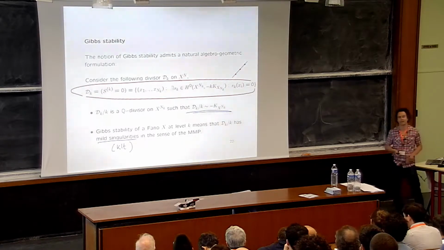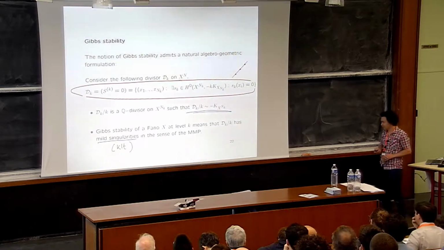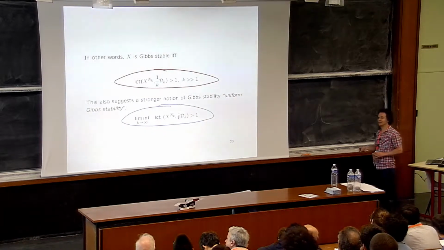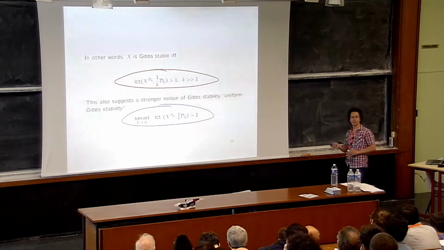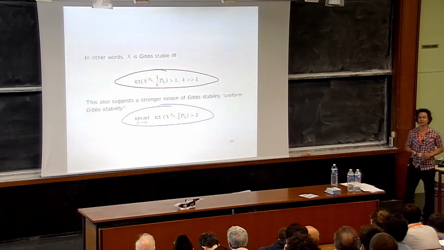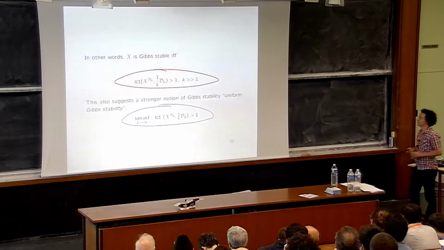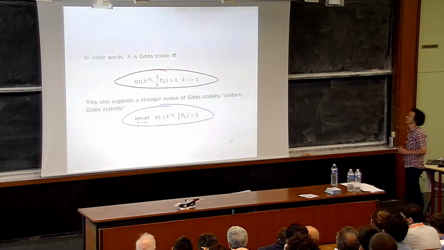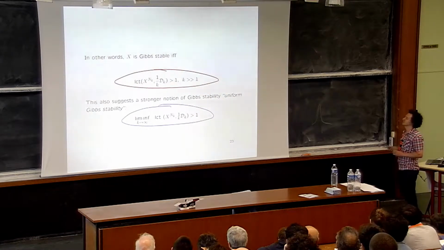So it has Kawamata log terminal singularities. This is because the integrability condition can be formulated as some log canonical threshold being strictly bigger than 1. That's immediate from the definition. And, for example, Jean-Pierre together with Kollár have written an important paper on these relations.